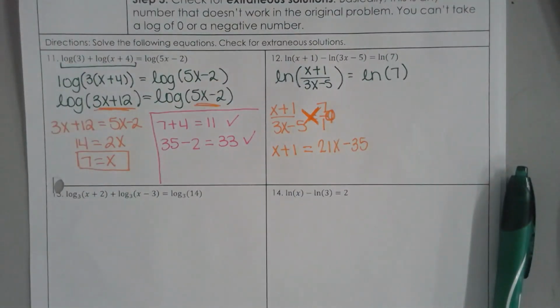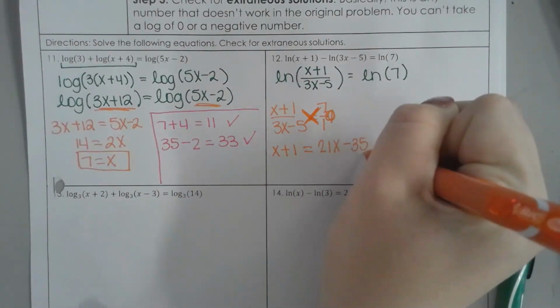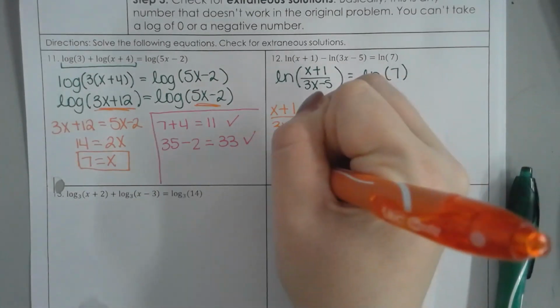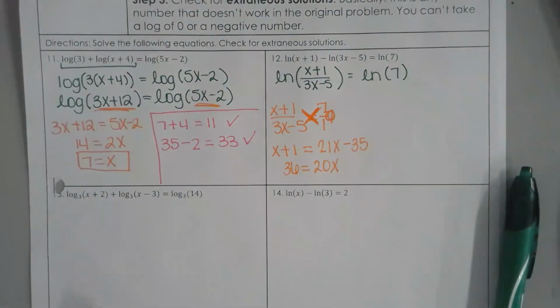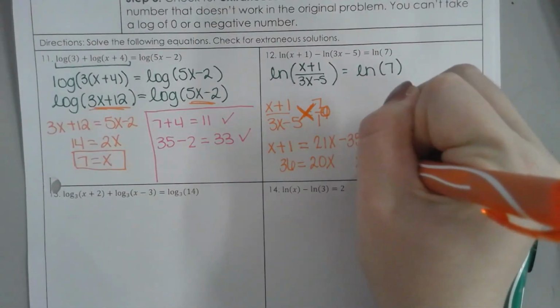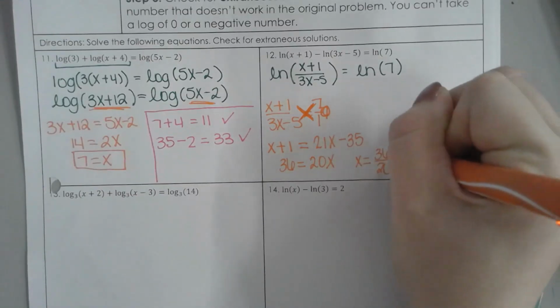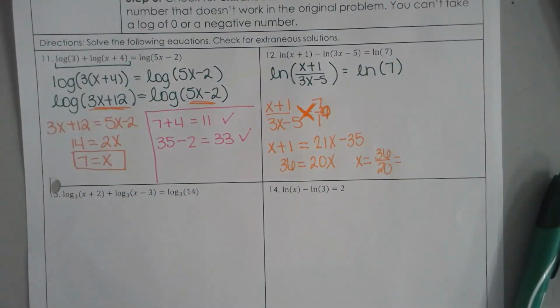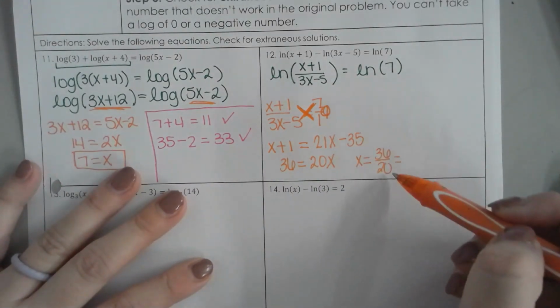You're distributing that 7. So if I add the 35, I'm going to get 36 equals 20x. So x is going to be 36 over 20, which, if I divided by 4, I would get 9 over 5.